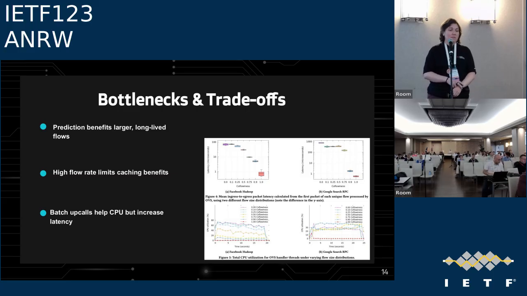Basically, we saw benefits in working with long-lived flows. We also worked with high flow rates in the test bed that we had. As you remember, I had 100 gig NICs, but we didn't go 100 gig all the time. If you have an increasing rate of flows that show up, basically asking, does this flow exist or not? This is also when the caching shows its benefits.